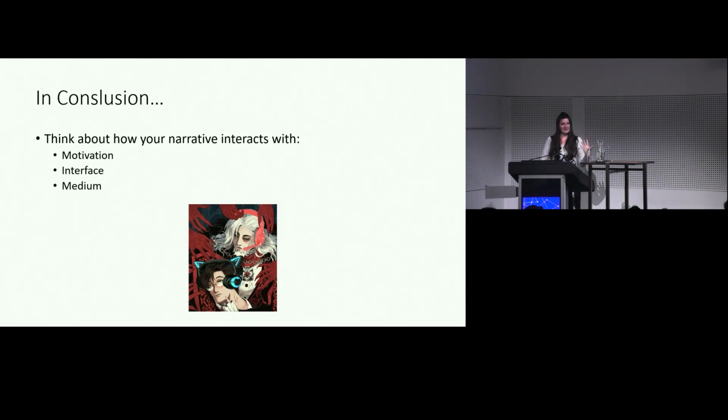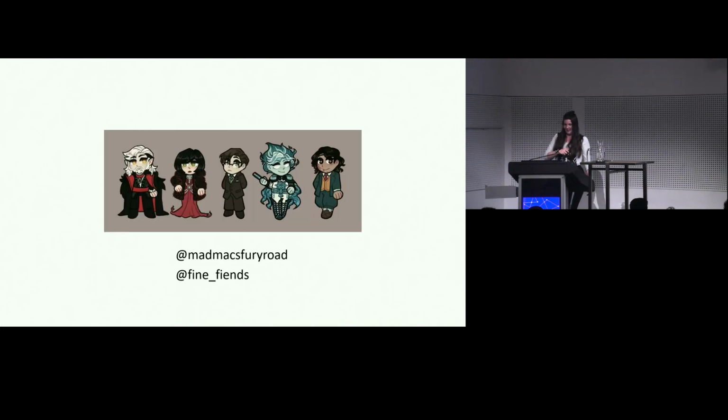What is it that's going to keep them pressing that button again and again until they get to the end of the game? What is it in your interface that's going to slow them down or annoy them? How do you work around that? What is it about games that you can leverage to make your game feel better? And what is it that you might have been taking from other places that doesn't work so well in games?